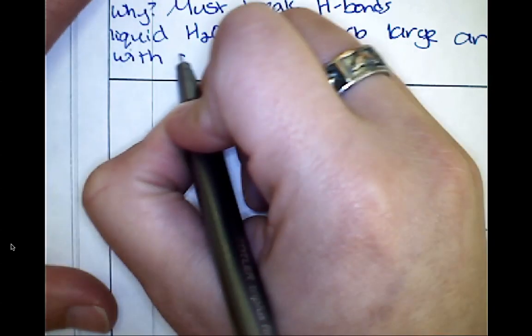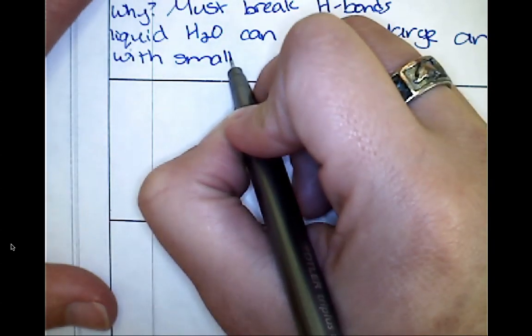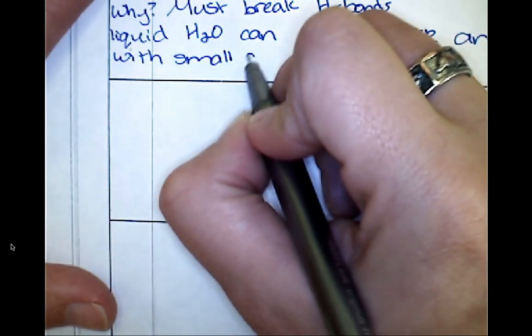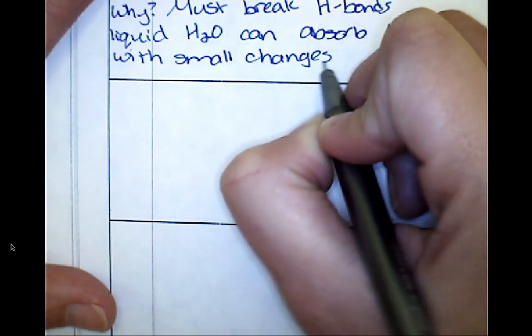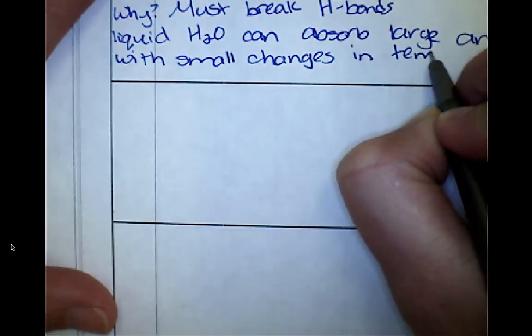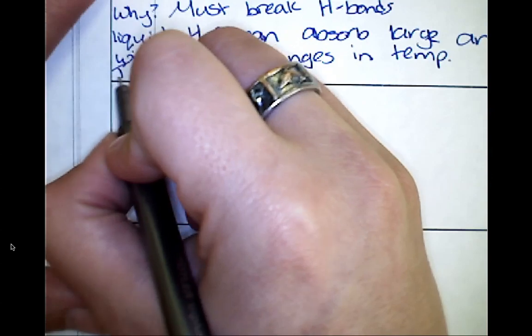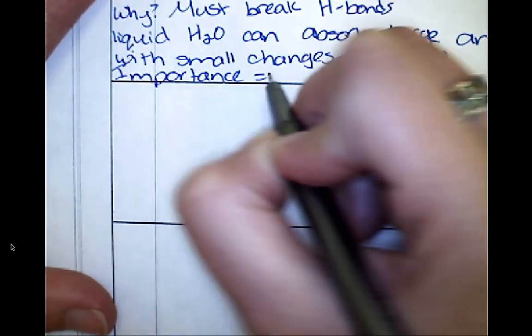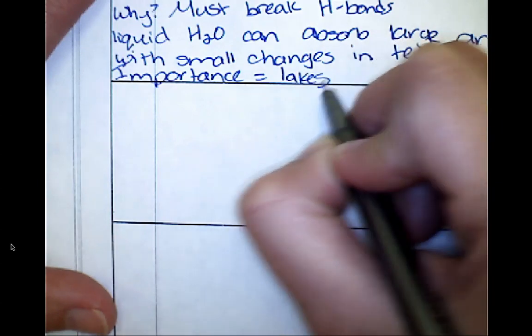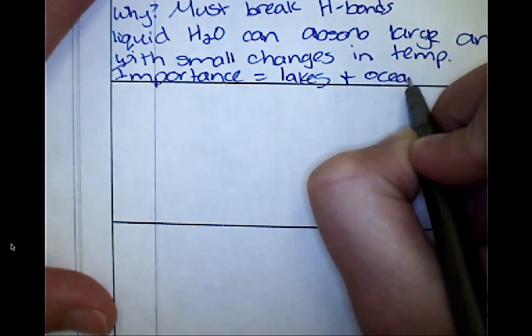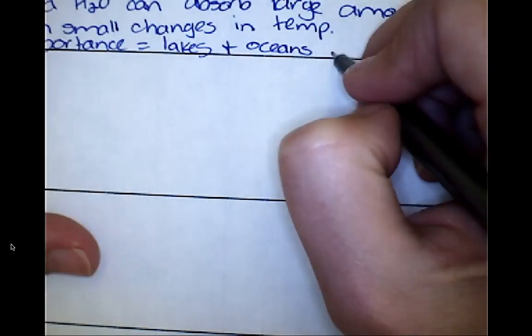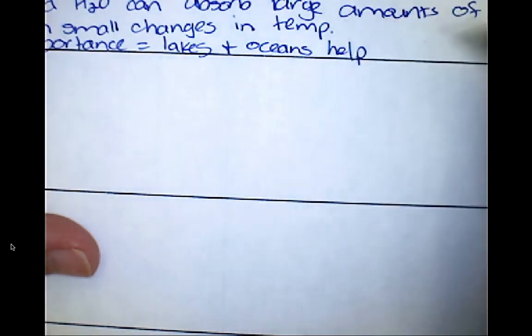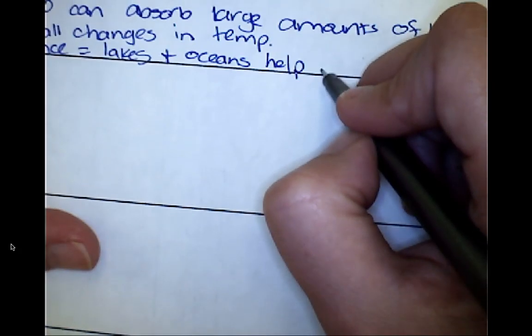This is very convenient because the ocean can act like a cushion and absorb a lot of the heat. So the importance of this is that lakes and oceans, one, stay cool, but they also help regulate the atmospheric temperature.